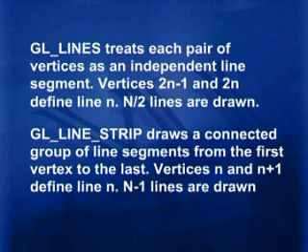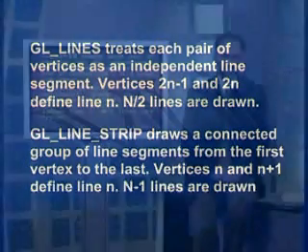Whereas GL line strip draws a connected group of line segments from the first vertex to the last. Vertices n and n plus 1 define line n. N minus 1 lines are drawn. Just like triangle strips, we can have the concept of line strips as well.